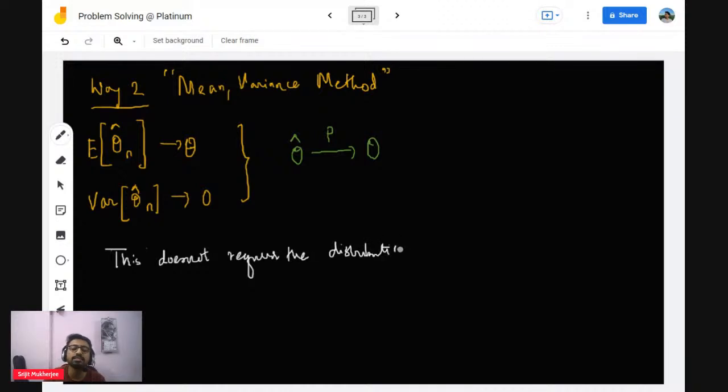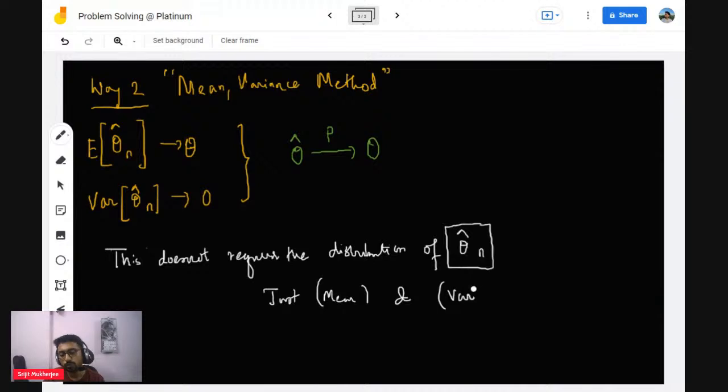You just need the variance and expectation, the mean and variance, which is easier to find. Often these are easier to find than the distribution itself, so it's up to you what you want to use. Okay, this is way 2.